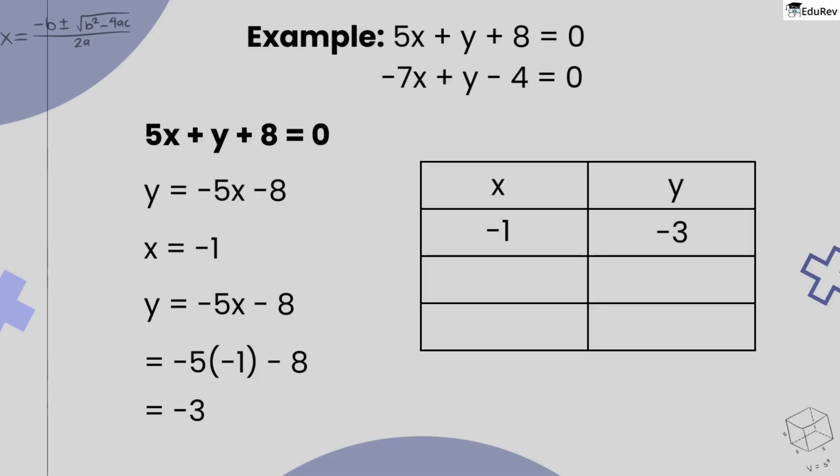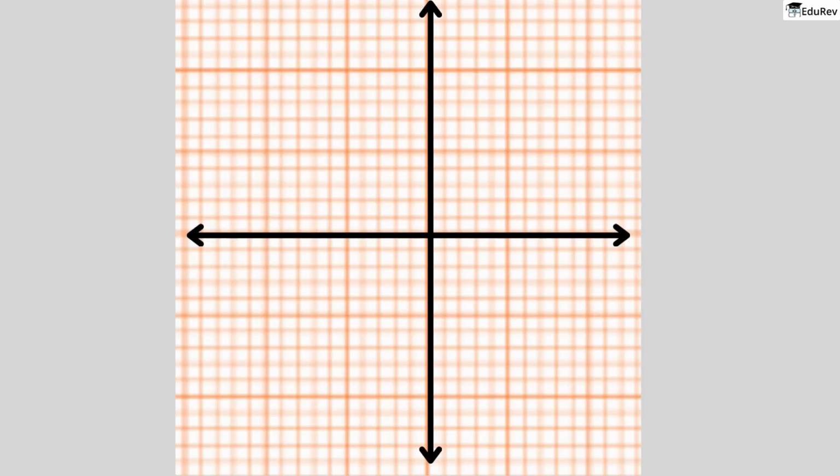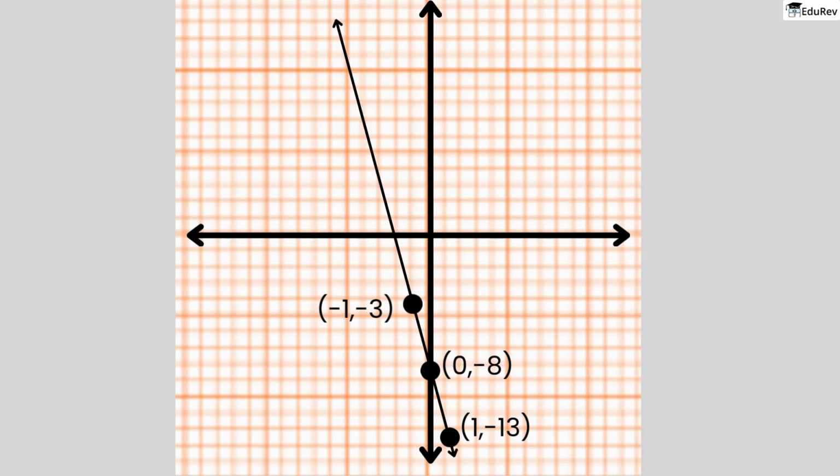Similarly, for x equal to 0 and 1, we get y equal to minus 8 and minus 13 respectively. So we get 0 comma minus 8 and 1 comma minus 13 as our coordinates. We will mark all these points on the graph. When we join these points, we see that they form a straight line.